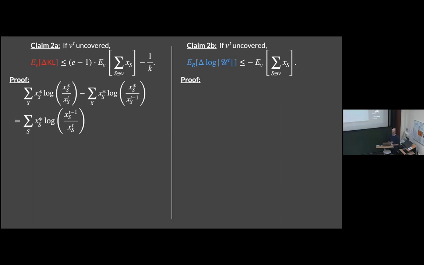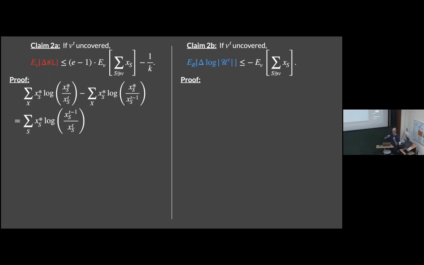So you can simplify this. The way logs work, I get a sum over S of X star S times log of the ratio of solutions at successive time steps: X_S at t minus 1 divided by X_S at t. So how do I update X_S at t minus 1 to X_S at t?